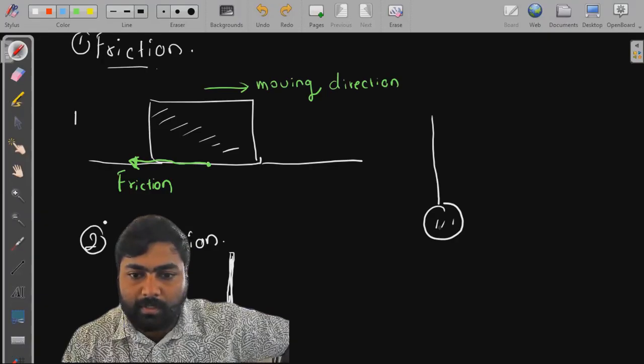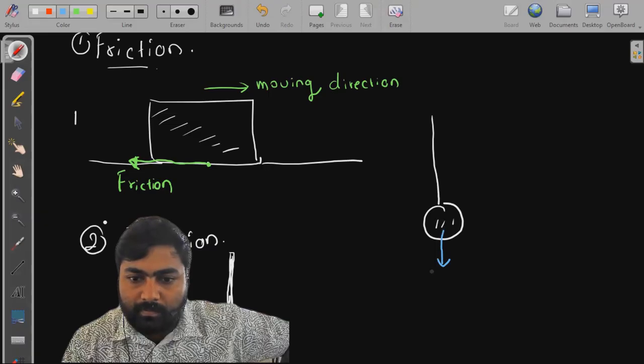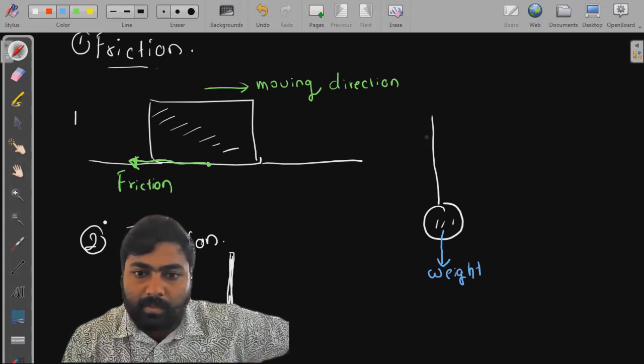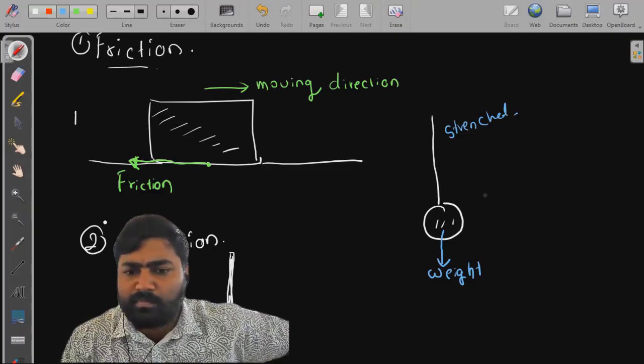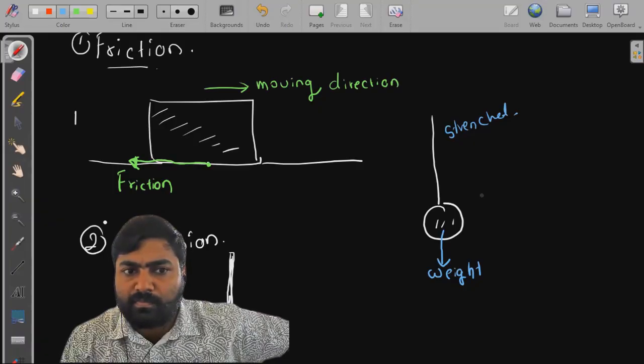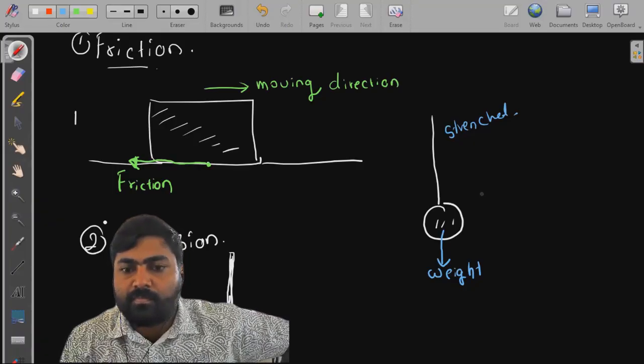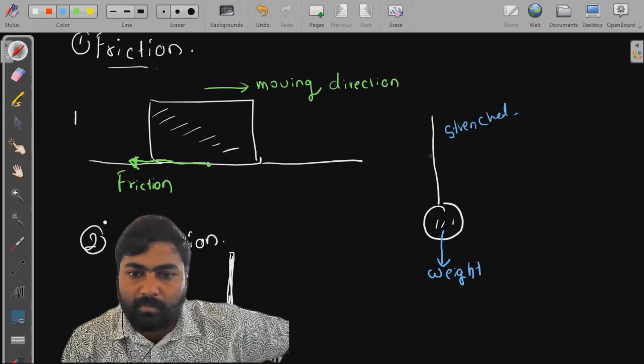If not, think like this. This object has weight. Due to the weight, this string gets stretched. Understood? Yes, sir. Due to that, tension forces occur.